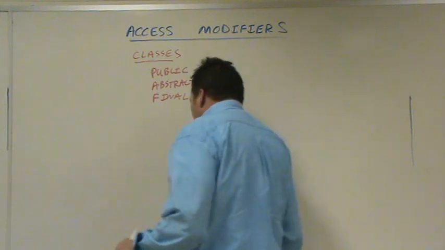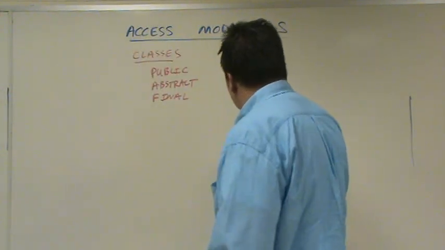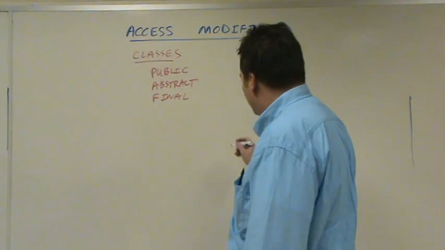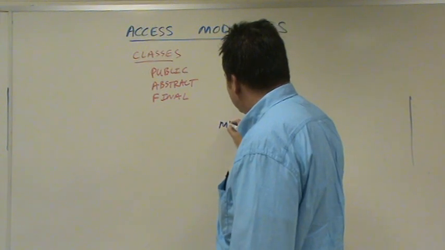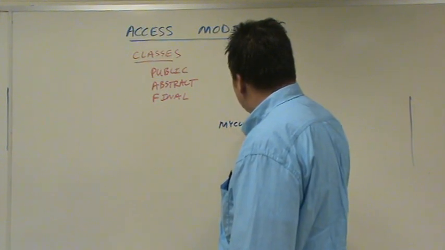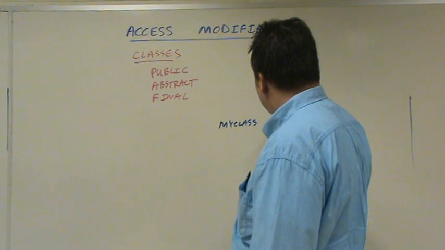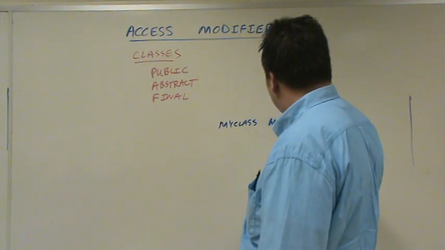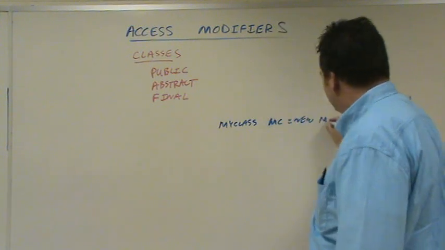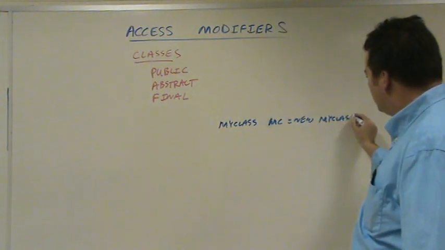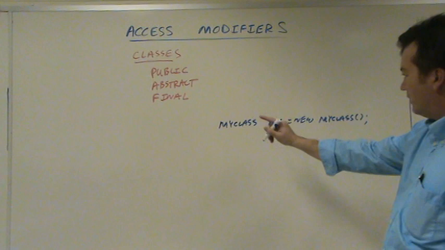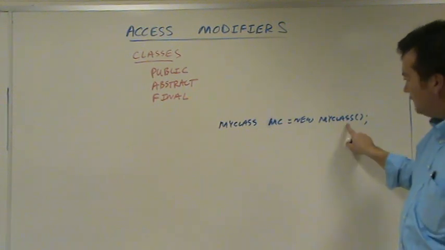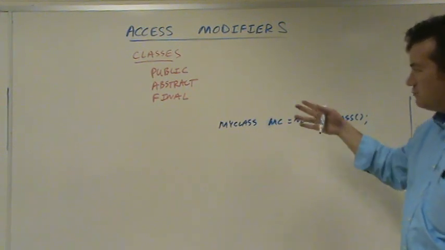So you know how when you create an object, let's say we had a class called MyClass. You would say MyClass MC equals new MyClass, and we create one of these. What if MyClass was defined as private?